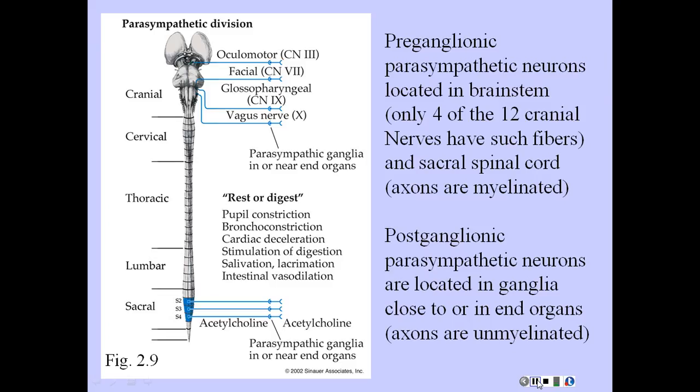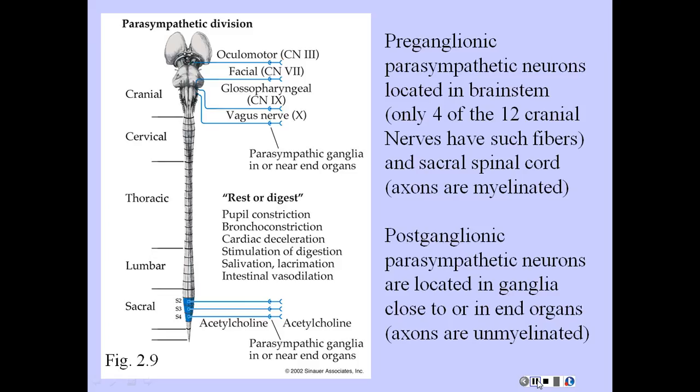That's all right. When we think about these two parts of the nervous system, we can consider the fact that they're made up of 2 neurons. And these neurons get referred to as being pre- and post-ganglionic. So if a ganglion is a collection of neurons situated outside of the central nervous system, then somewhere in the organ, somewhere in your body, there is going to be a ganglion.